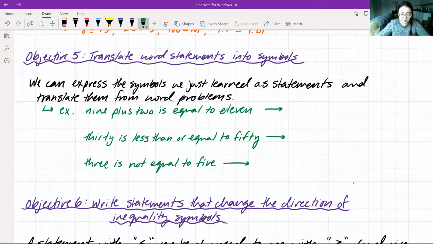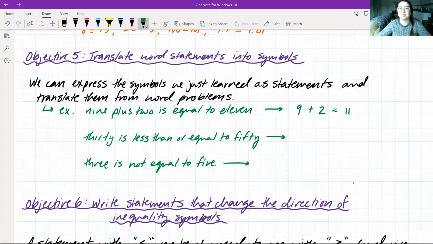In our example, we have 9 plus 2 is equal to 11, all written out in words, but we want to rewrite it now as an expression. We start with 9, then plus, so we have addition, 2 is equal to 11. So we have equal to 11.